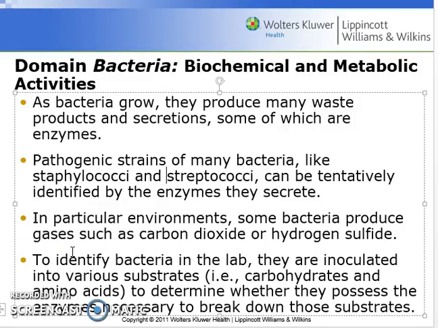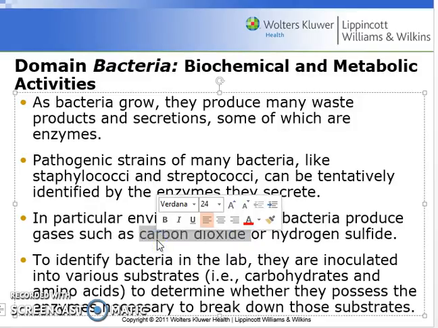Other bacteria can be identified through the production of different gases, such as carbon dioxide or hydrogen sulfide. If you ever try to grow Salmonella in a laboratory, in a media called triple sugar iron agar, you can see carbon dioxide being produced in the form of a bubble that starts to form inside of the agar, because gas is produced by the bacteria after a carbohydrate source is digested.